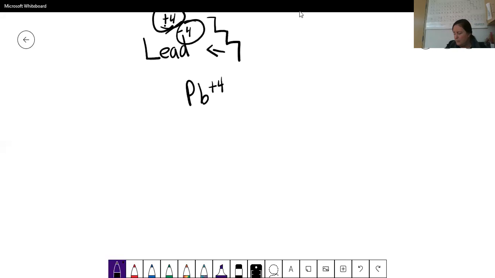So on the back of your periodic table, notice numbers 29 and 30. We're getting into some exceptions here. There are two leads. There is lead 2, which is number 29, and lead also can be +4. There are other names for them as well.